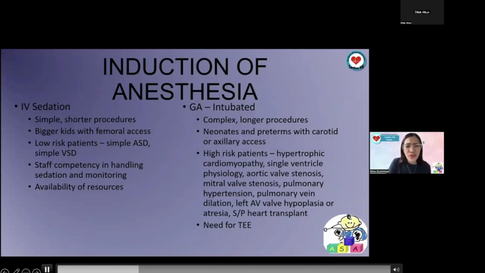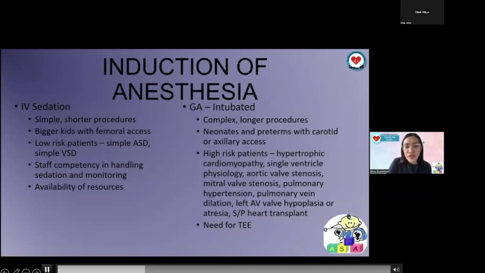For those simple cath procedures, we just require enough time to finish, so we do it under IV sedation. Complex cases require longer time and need cardiac anesthesiologists to monitor. Given the evolution of procedures in the Cath Lab, the decision on who qualifies for sedation or needs to be intubated for the procedure needs to be established.